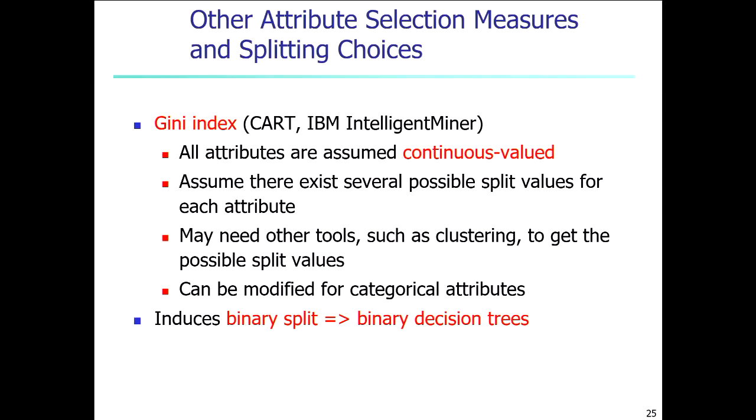Okay, so in Gini index, all the attributes are assumed to be continuous valued. And assume that there exist several possible split values for each attribute.